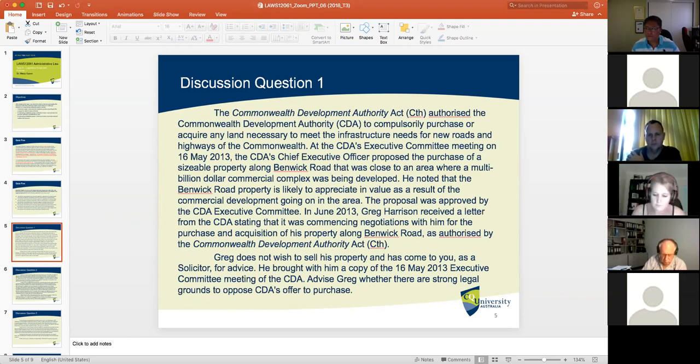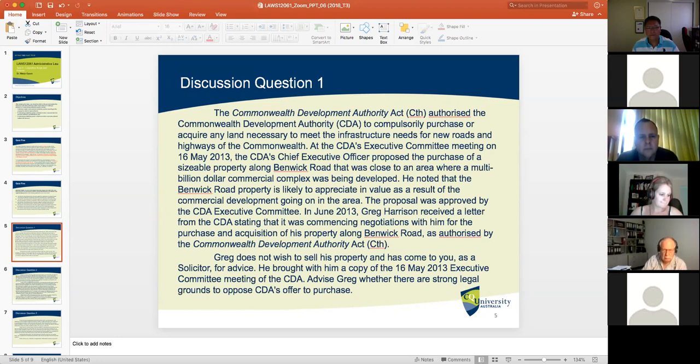At the CDA's Executive Committee meeting on the 16th of May 2013, the CDA's Chief Executive Officer proposed the purchase of a sizable property along Benwick Road that was close to an area where a multi-billion-dollar commercial complex was being developed. He noted that the Benwick Road property is likely to appreciate in value as a result of the commercial development going on in the area.